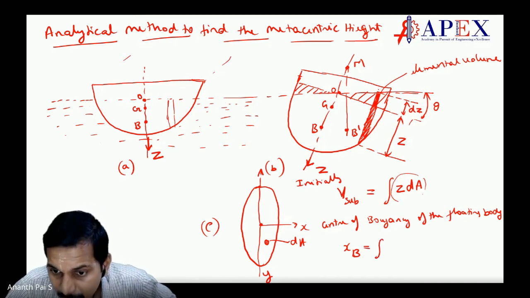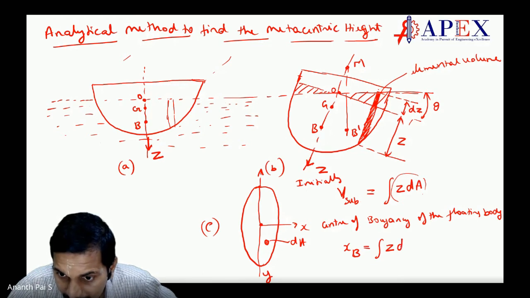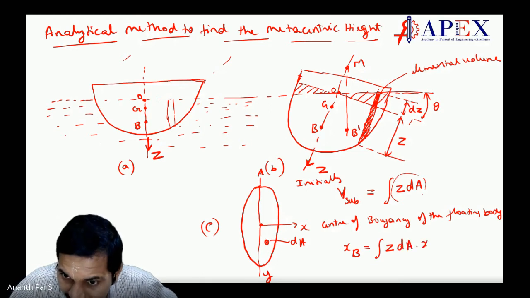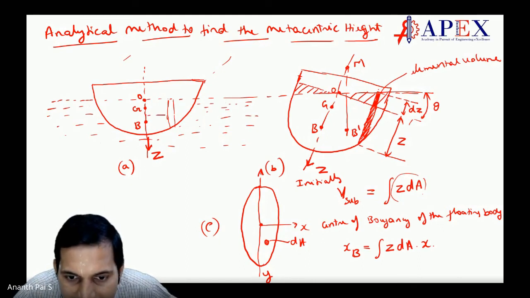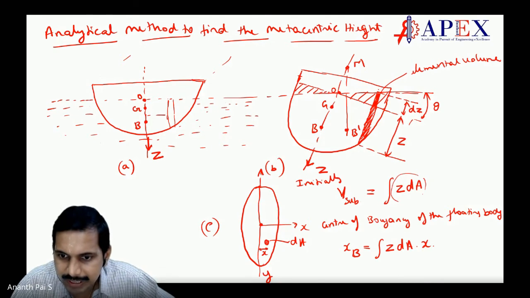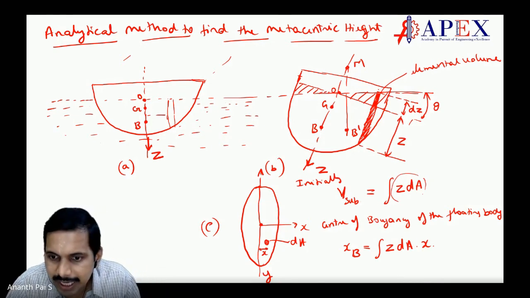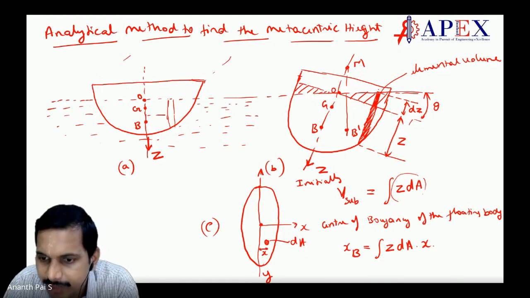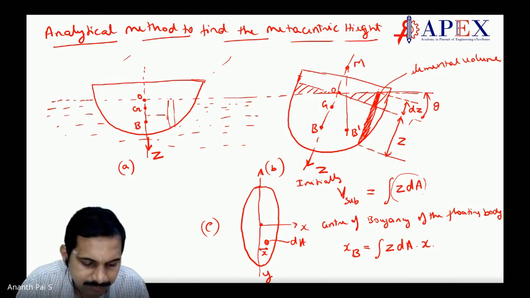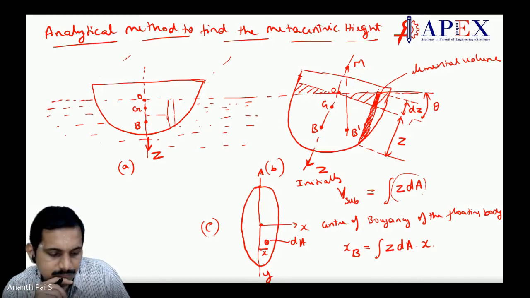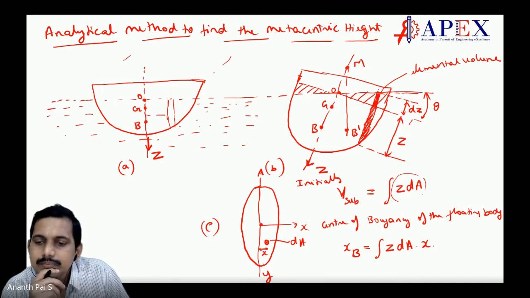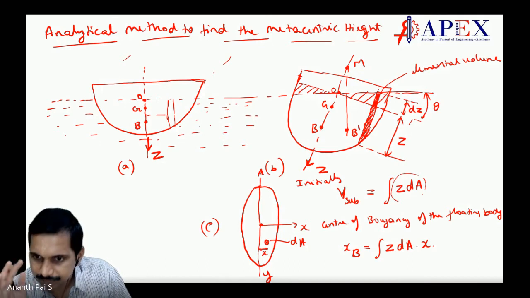That is the integration of z dA into each x. X is the distance to the center, correct students? So initially, the center of buoyancy x_b is the integration of z dA x. Any doubts here?